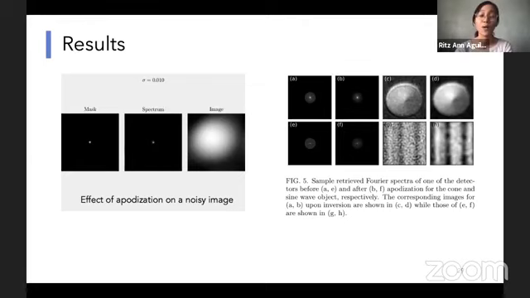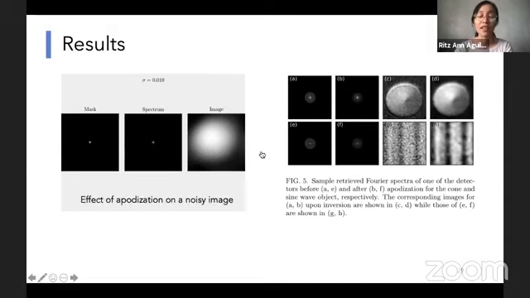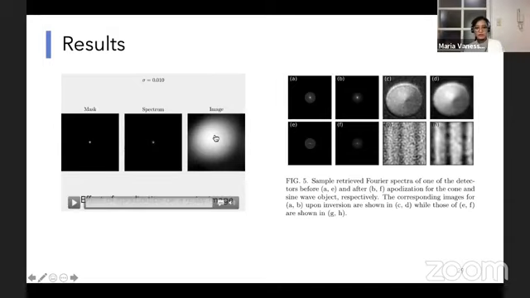As you can see here with the image of the cone or of the hemisphere, as you decrease the size of the Gaussian mask, the image gets blurry. So you're essentially removing the details in the spatial image with the higher resolution.